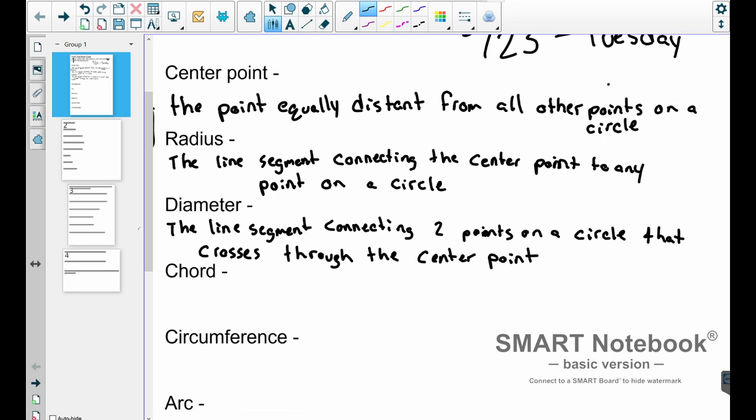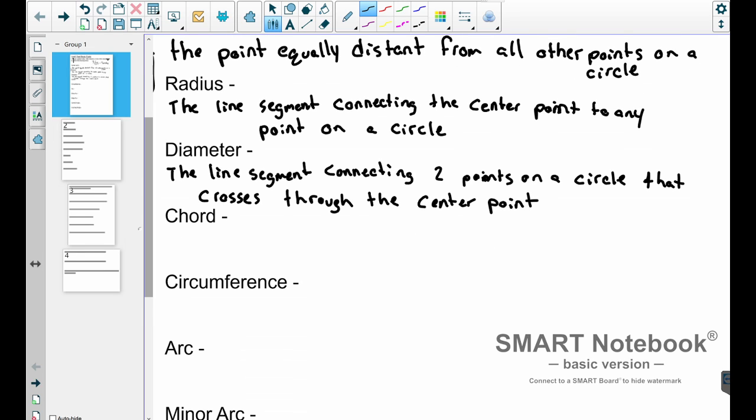So any line you draw on a circle that connects 2 points on that circle and crosses through that center point is going to be your diameter. Similar to the radius, you can draw one here or here, here, as long as they share that point in the center.